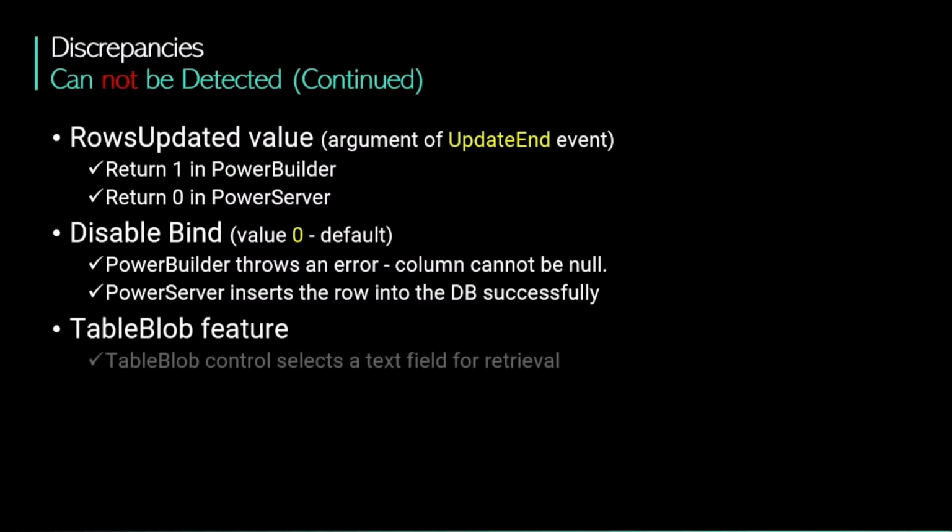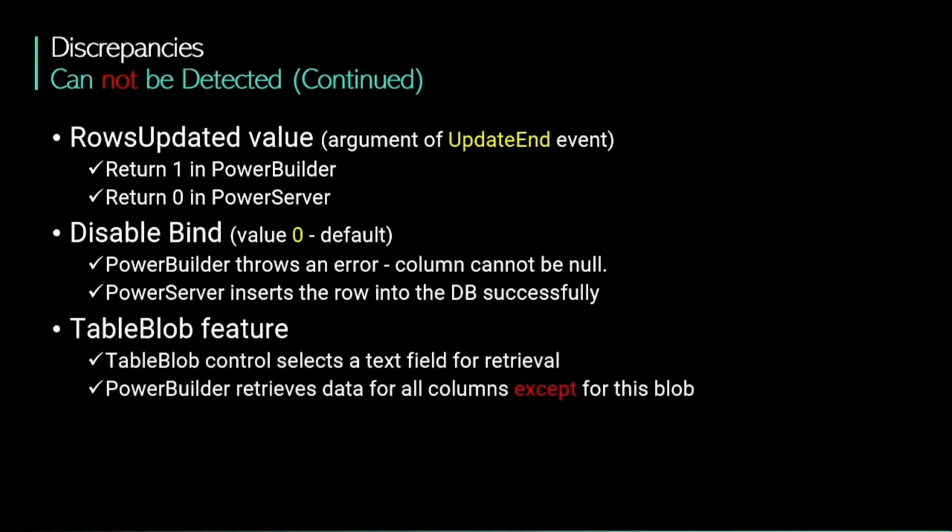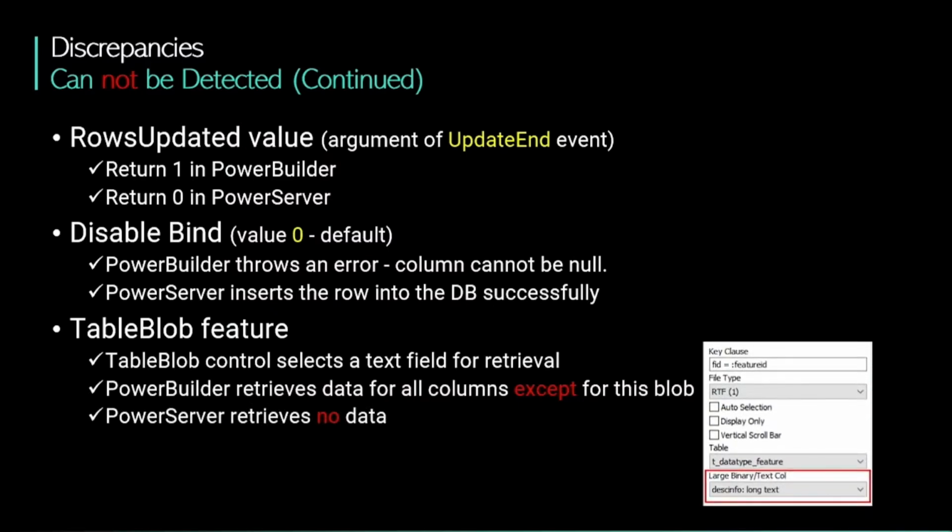Table blob feature. Table blob control selects a text field for retrieval. PowerBuilder retrieves the data for all columns except for this blob. PowerServer retrieves no data whatsoever. So this is a pretty hard one to find. Now, of course, the table blob is not used too often.